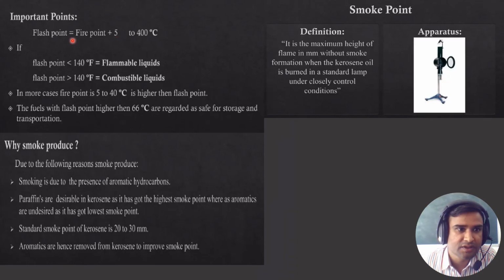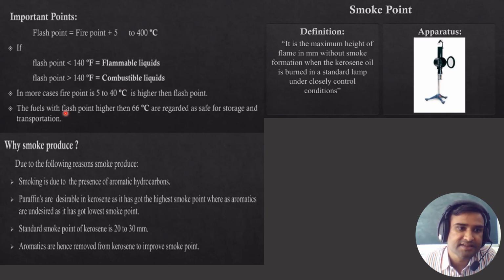Now the important point is flash point equals fire point minus 5 to 40 degrees centigrade. If the flash point is less than 140 degrees Fahrenheit, it is called a flammable liquid, and if the flash point is greater than 140 degrees Fahrenheit, it is called a combustible liquid.